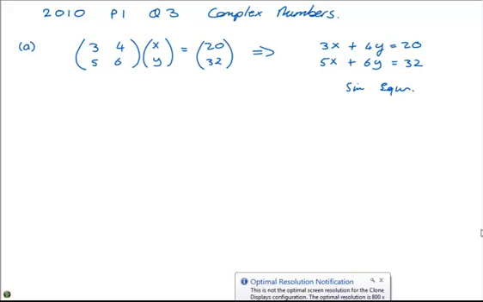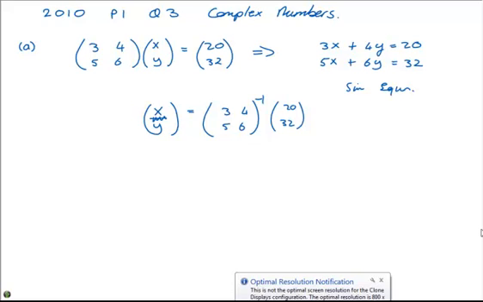If you were going to do that, basically what you'd be doing is, not x over y, just the matrix xy would be equal to the inverse times 20 over 32. Remember, pre-multiply, pre-multiply, post-multiply, post-multiply.